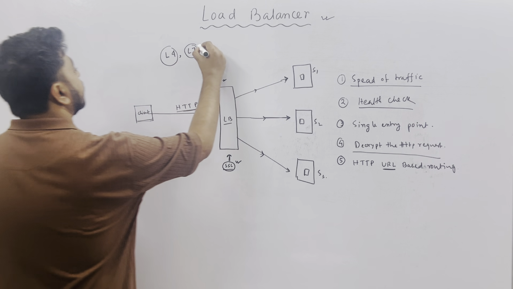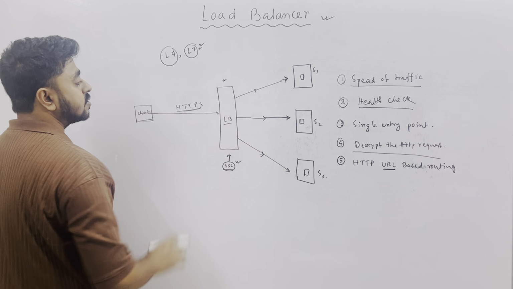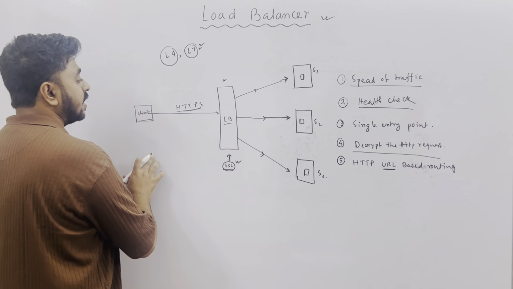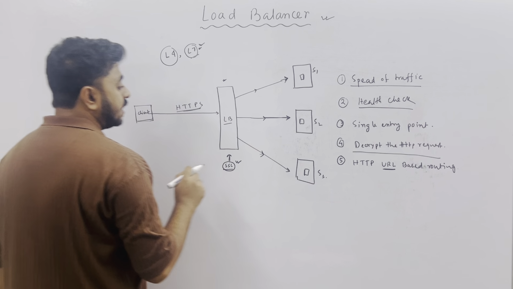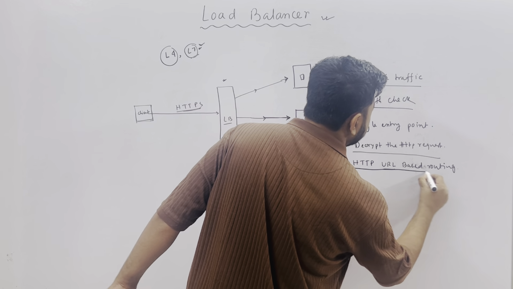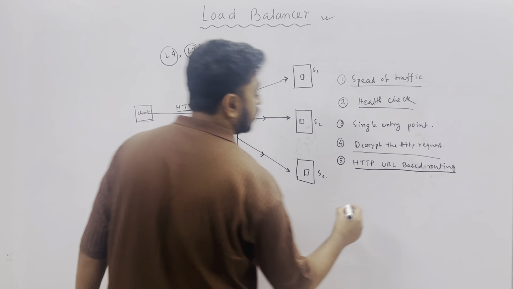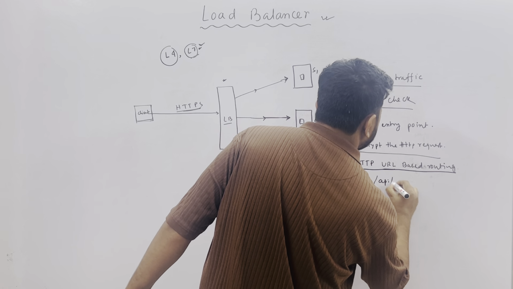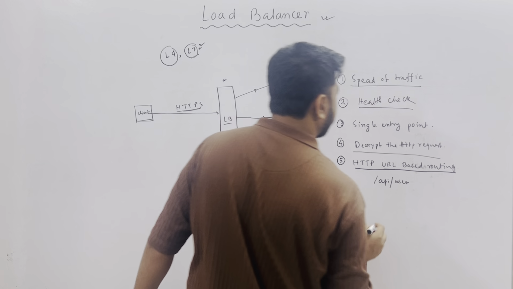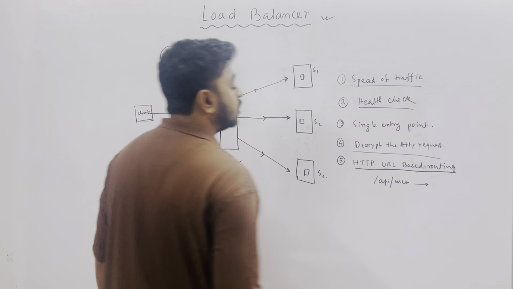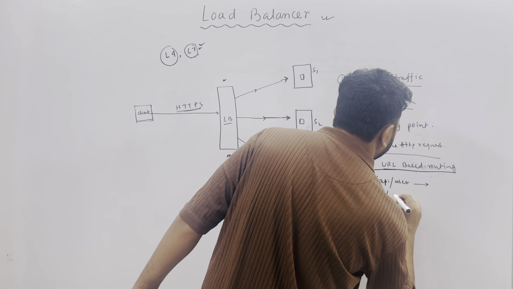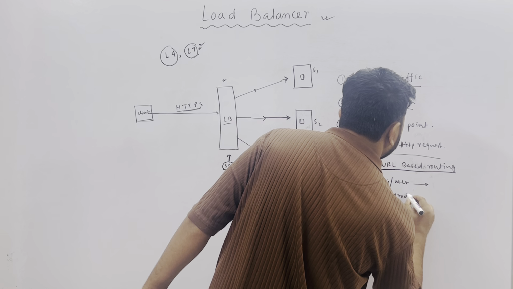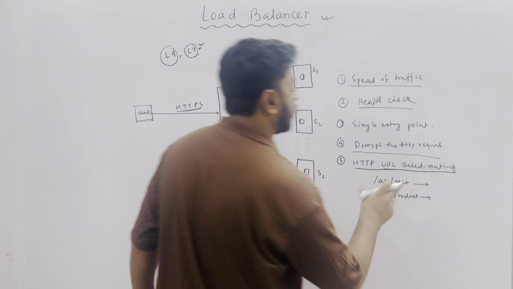But if you use L7, some of the advanced application layer level load balancer, that is L7, it can do HTTP URL based routing. What do you mean? Suppose a request came for the API user, then this request can be sent to the user service microservice, right, and if another request came for the API product, then it may redirect to the product service.